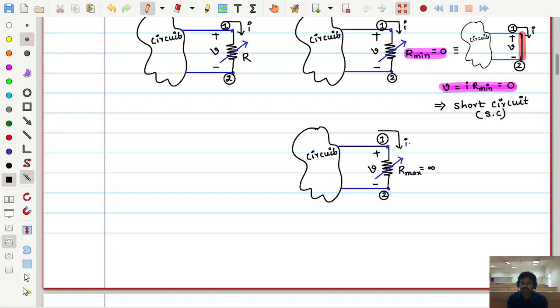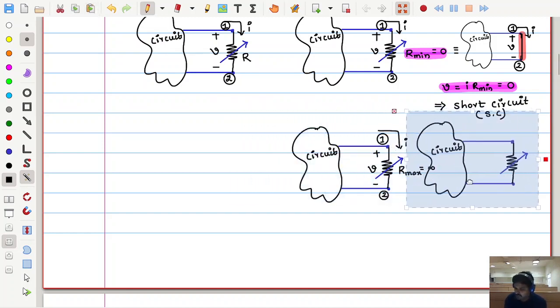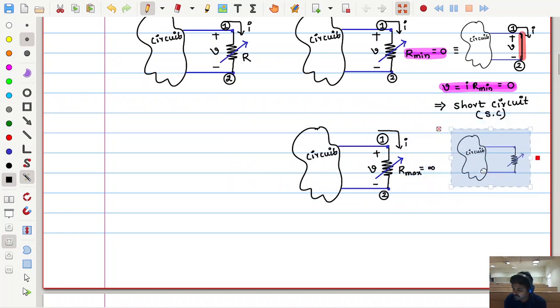But if it is ideal with no damage at all, can you expect any dropouts? No dropout, 0. In the same way, if this resistance is very, very high, ideally infinite, how much current passes through this element? 0 current. Clear?